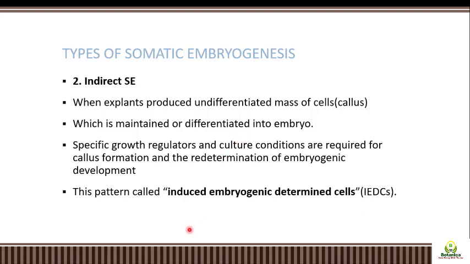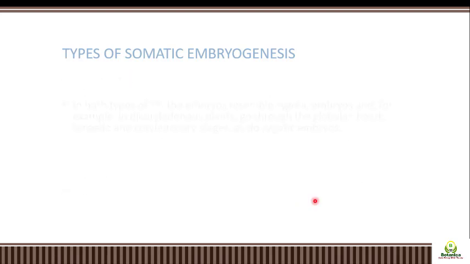This pattern is called induced embryogenic determined cells. Induced means we have directed those cells to form an embryo. These are not actually embryonic cells, but we have induced them to make an embryo. So they are not natural embryogenic determined cells, but are induced by us by giving certain treatments.